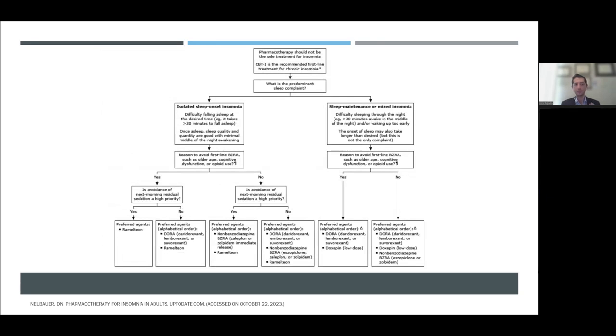So the approach to treatment is kind of algorithmic, and you have to have a system in place. You have to determine what the predominant sleep issue is, whether the patient has isolated sleep onset insomnia, sleep maintenance insomnia, or mixed insomnia.